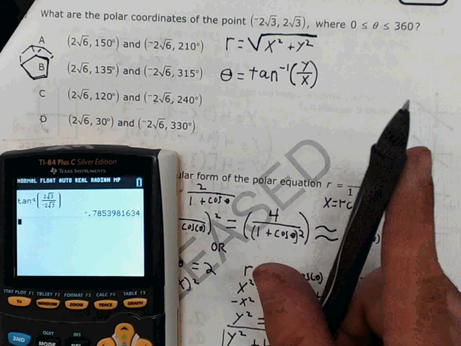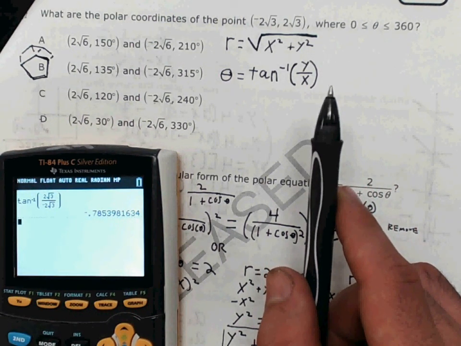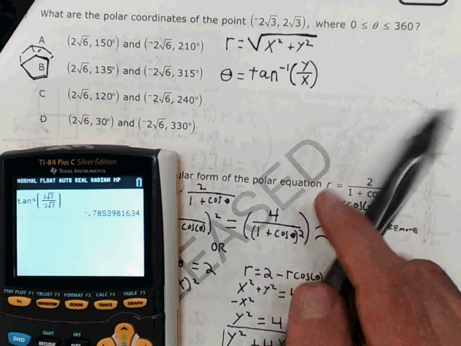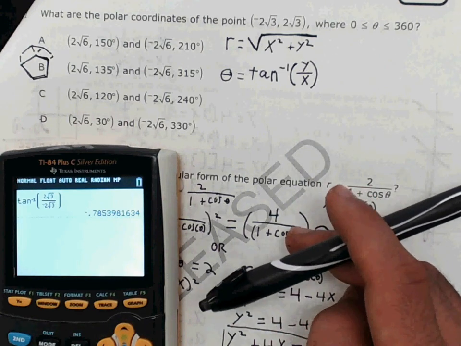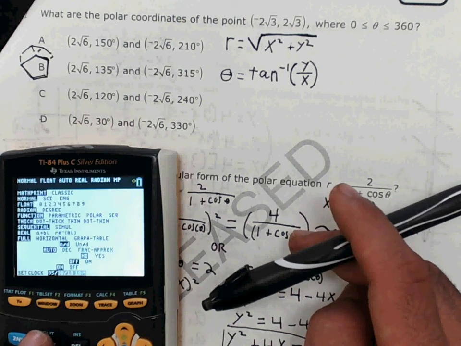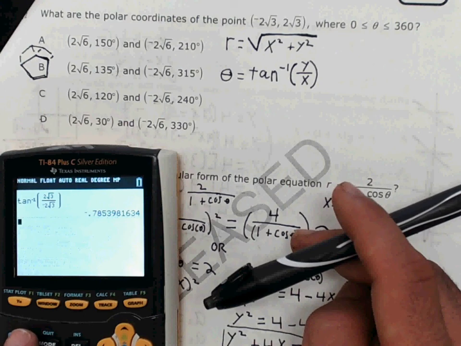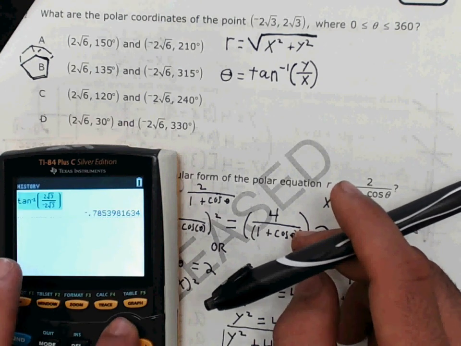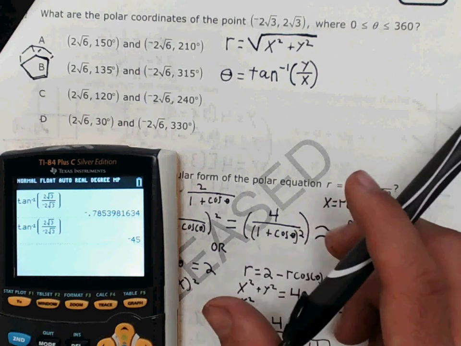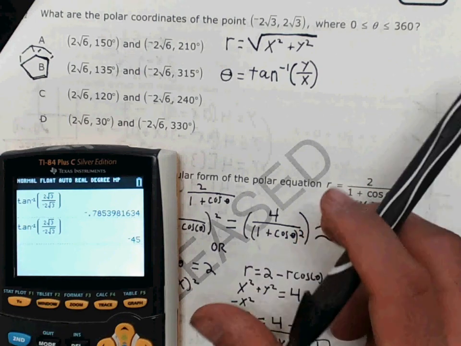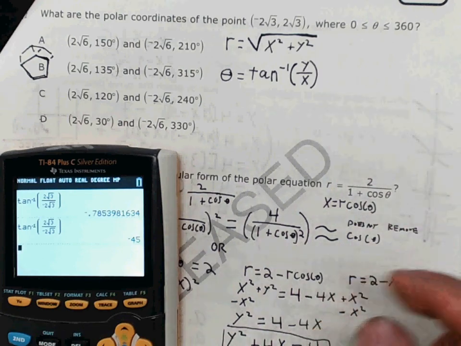And that's going to be negative 0.785. Oh, that's still, for some reason I thought it was in degree mode, but that's actually in radian mode. So switch, evaluate in degree mode. That's going to be negative 45 degrees.